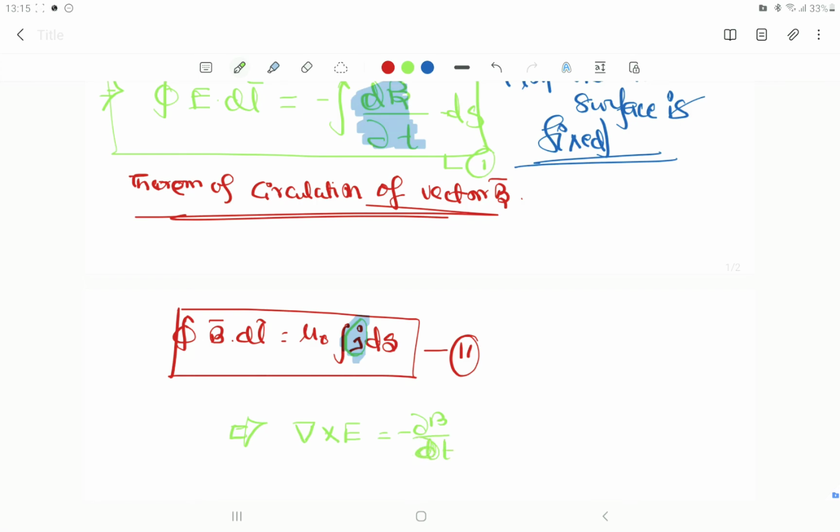Now, curl of electric field is equal to minus dB by dt. So I think this is the most important equation that we have derived.